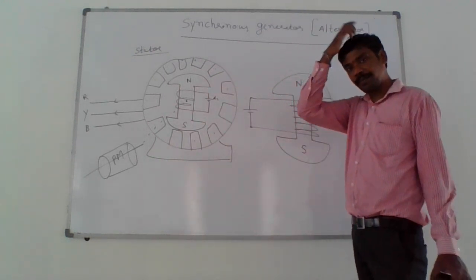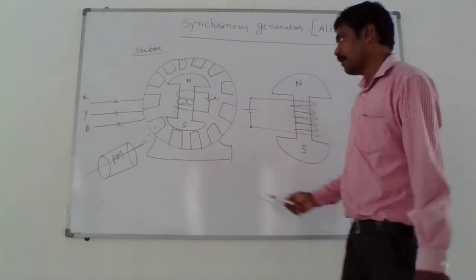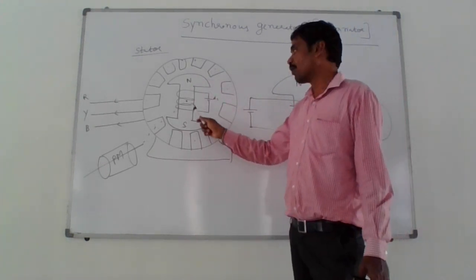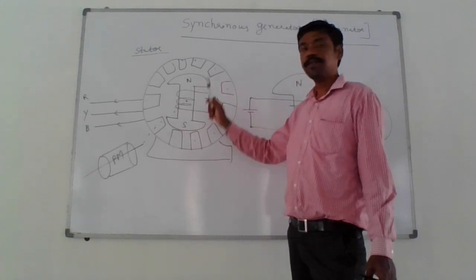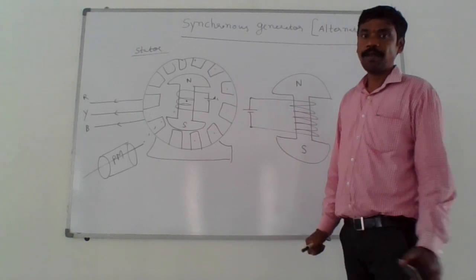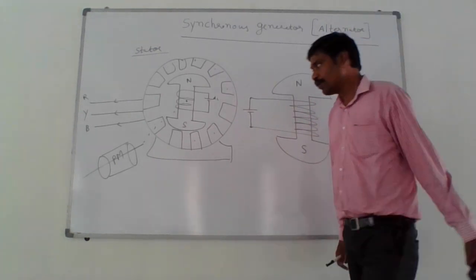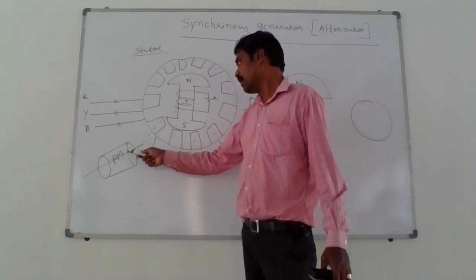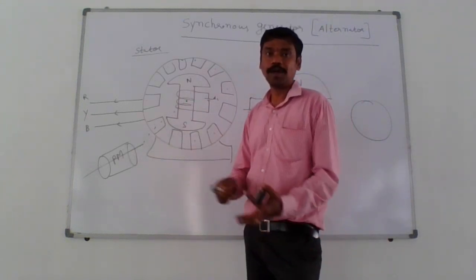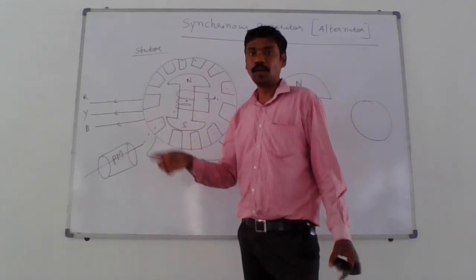Now try to understand the principle of operation of this synchronous generator. When you give a DC supply to the rotor, corresponding north pole and south pole are produced. As soon as the north pole and south pole are produced, you are giving a mechanical power input to this rotor and rotating this rotor at synchronous speed.